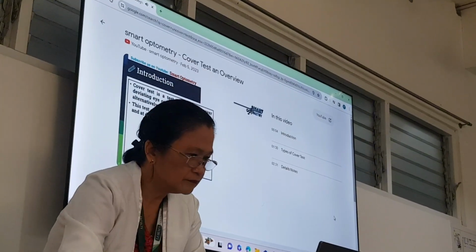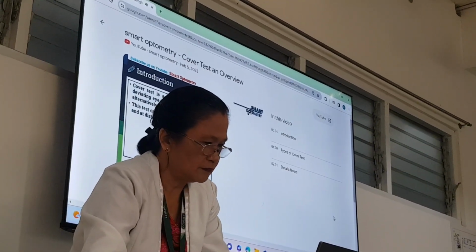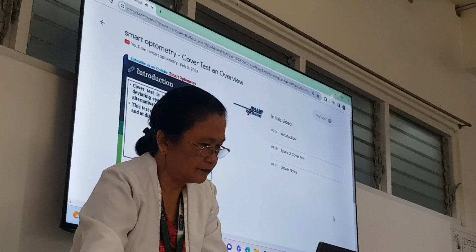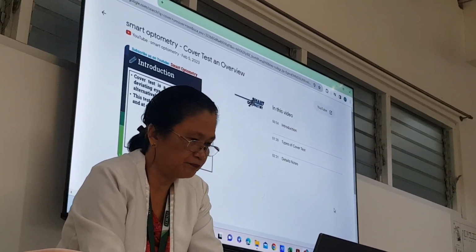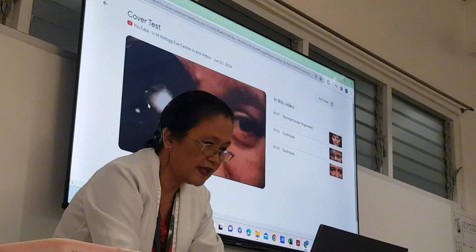This test can be performed at near at 33 cm and at distance at 6 meters. During the near cover test, the patient fixates at 33 cm.